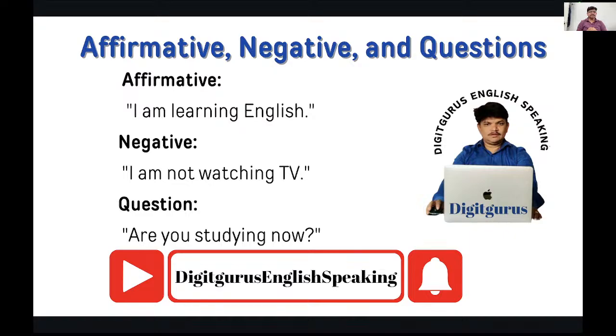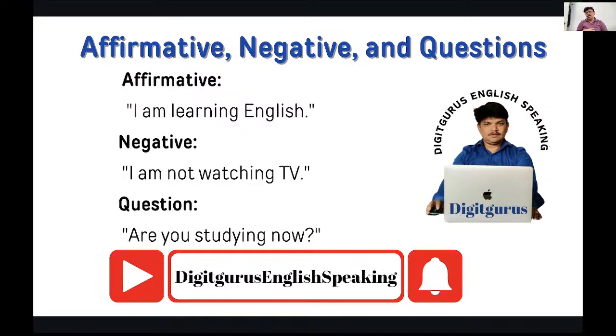Negative: I'm not teaching English. Negative question: Aren't I teaching English? So these are the 4 types of sentences we use in present continuous tense.